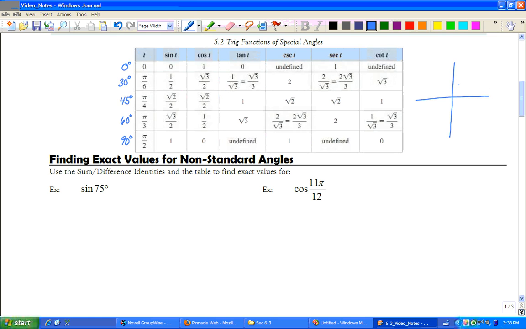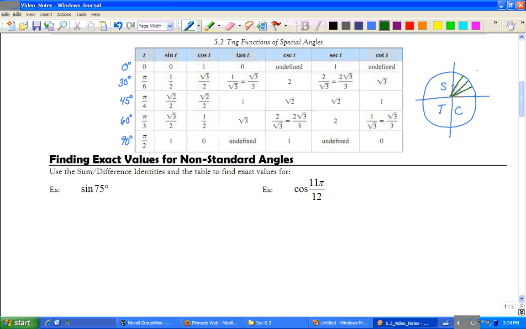So if you remember our all-star trig class, or all students take calculus, to remember which ones are positive or negative based on the quadrant. We can also draw in our unit circle. And if you don't have this table, you can still figure out, here's a 45-degree angle, 30-degree angle, and here's a 60.